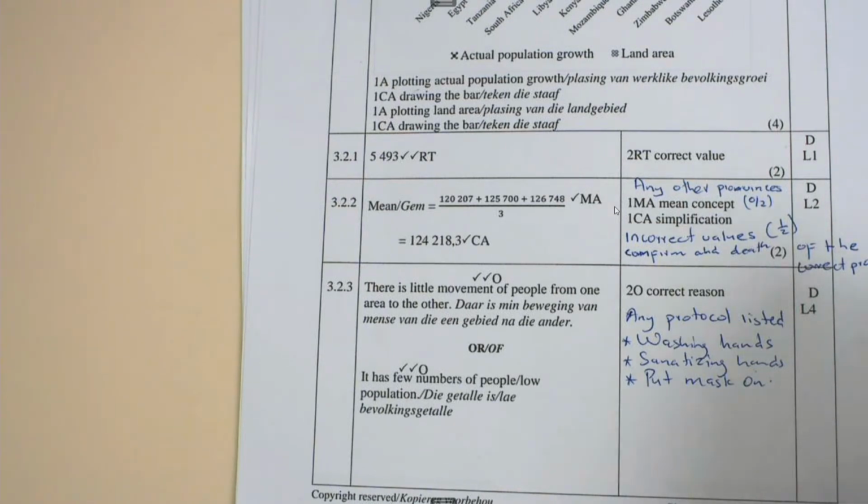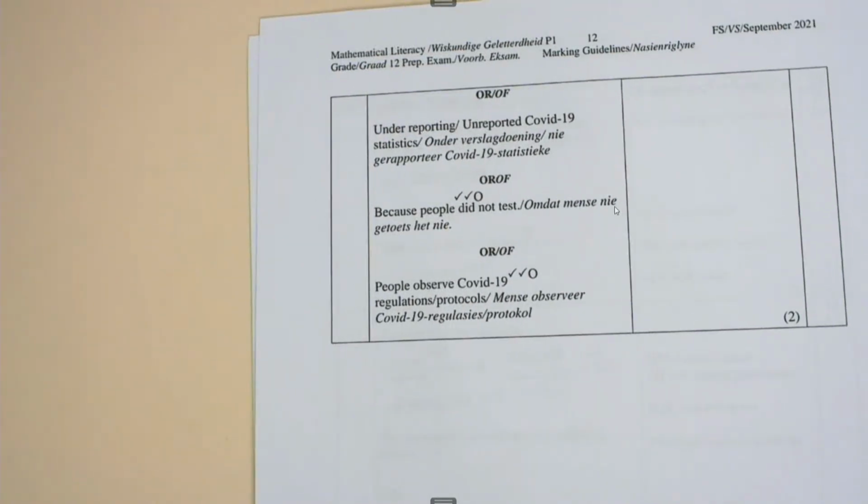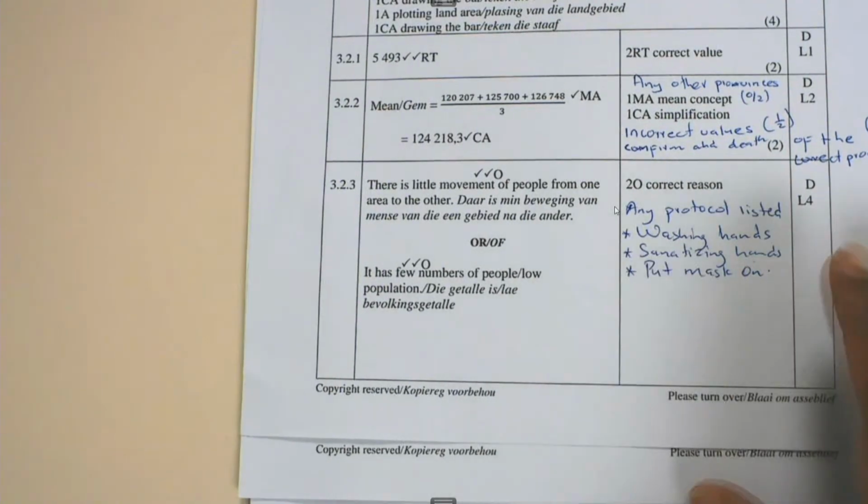And then it goes on to say underreporting and unreported COVID statistics, because people did not test. Now, some learners will come with other reasons. This one is any protocol listed.